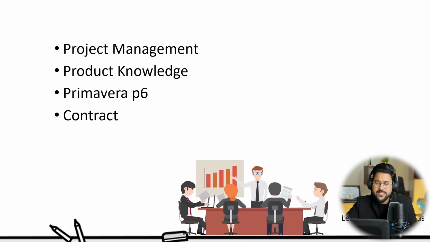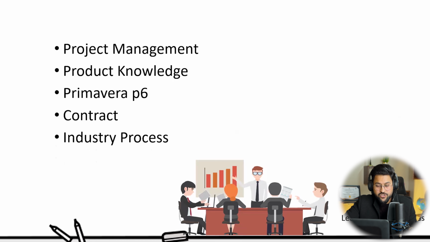The contract is where you are given all the instructions: when your project is going to start, the payment milestones, contractual milestones, your standards, quality, schedule submissions, and all that. These are the important things you need to carry with yourself as a planner.